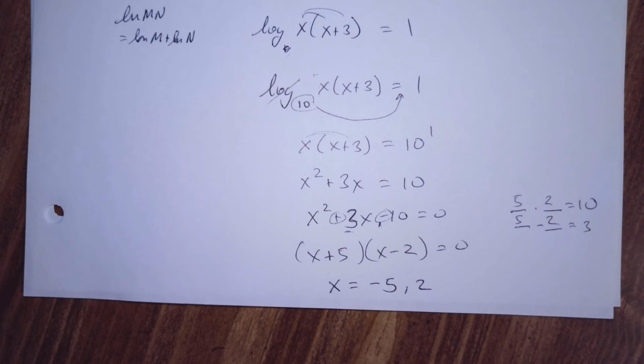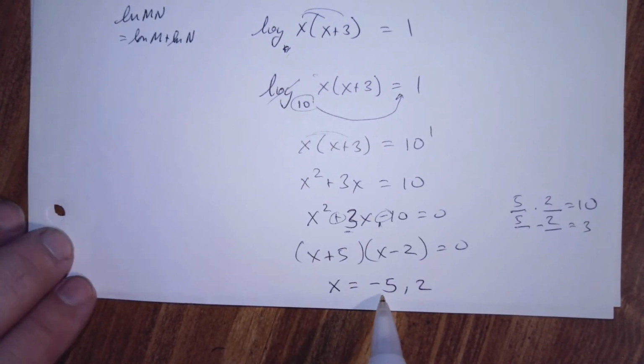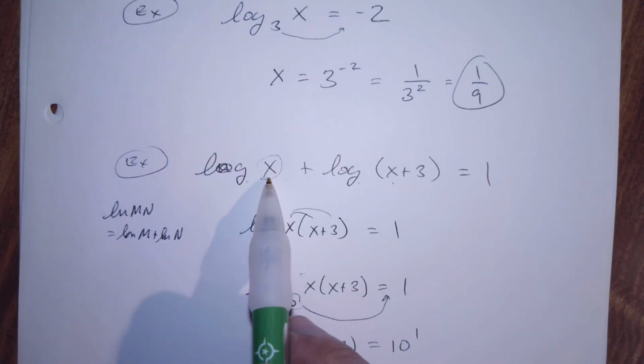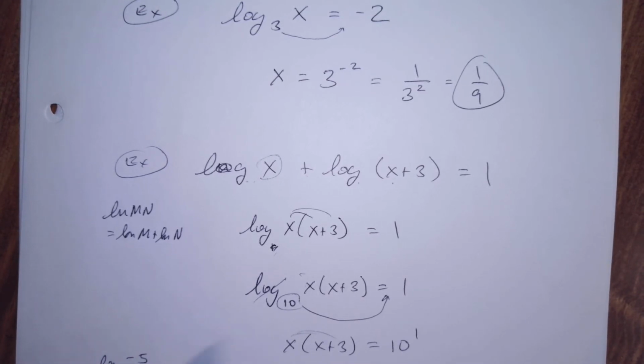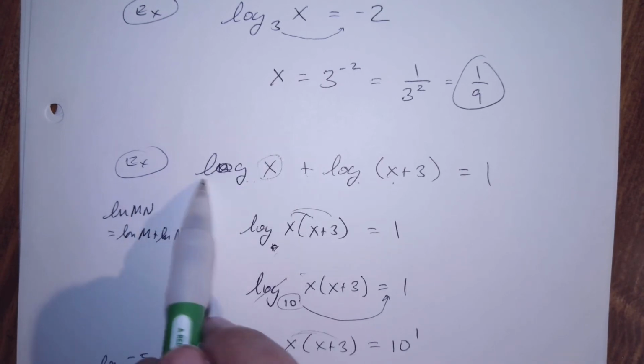But there's a problem here. You have to check your answers also. If I put a negative 5 there, can x be negative? In other words, if I do the conversion of any number, can I have a negative number in there? Because this is a positive number.